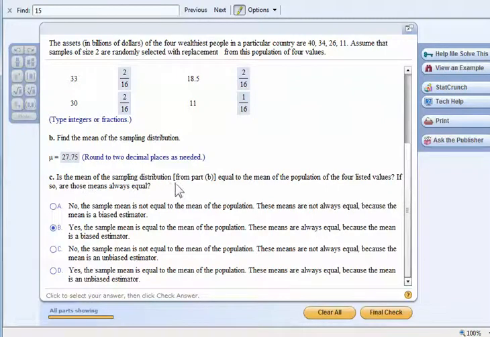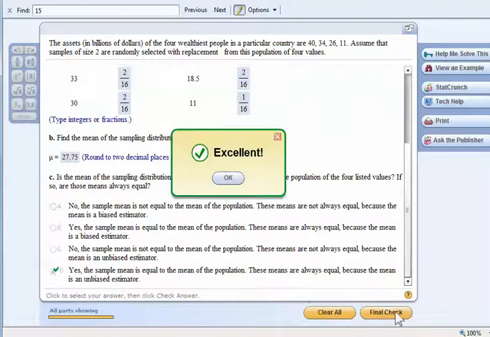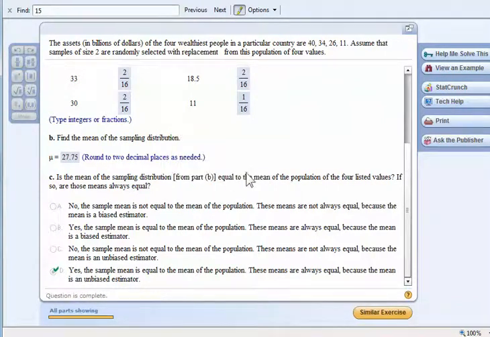Is the mean and sample from part B equal to the mean of the population of the 4 listed one? Yeah, it is. If so, are the means always equal? Yeah, they should always be equal because it's an unbiased. Oh, this says biased. Sorry, 2 letters. Unbiased estimator. Unbiased. They target.